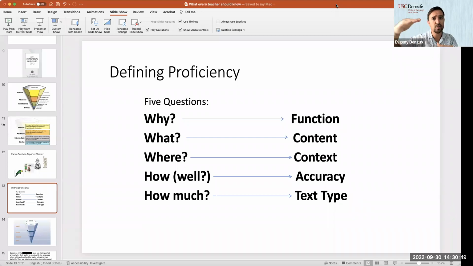To get to advanced, we need to practice the skills of narration and description. So in this class, we'll do a lot of retelling the story, telling what happened. A good textbook will have those can-do statements, and will explain what students will be able to do from the proficiency standpoint. Not all textbooks do it, but usually good ones do.